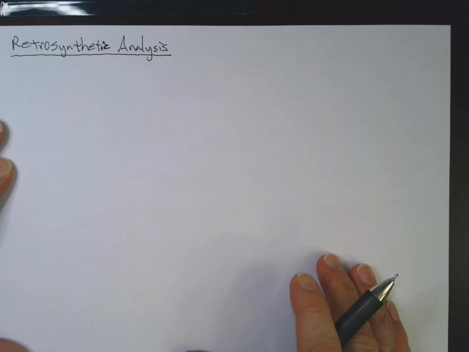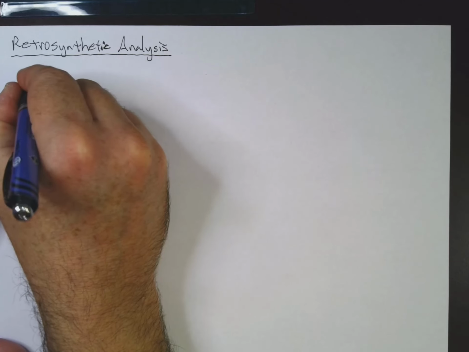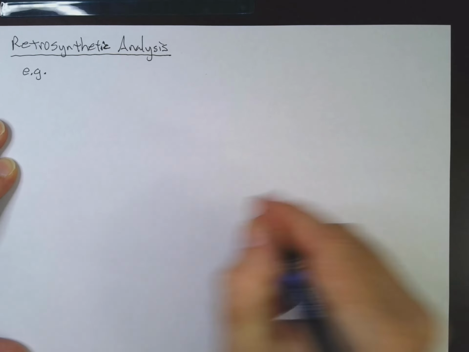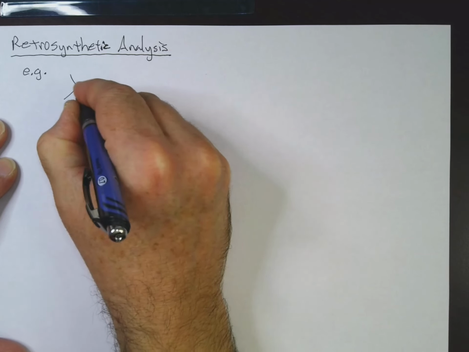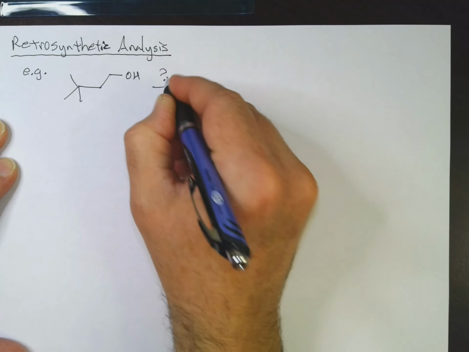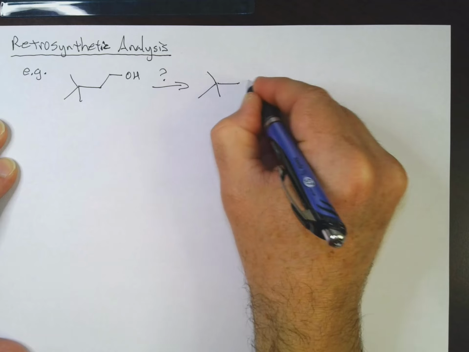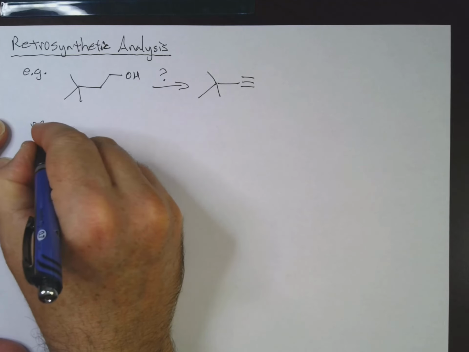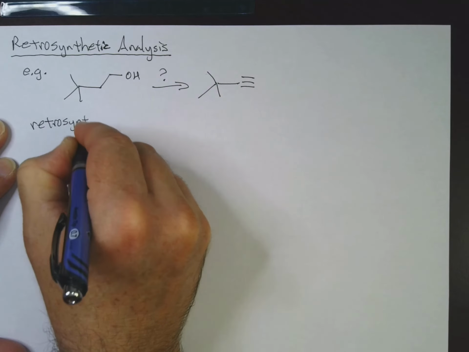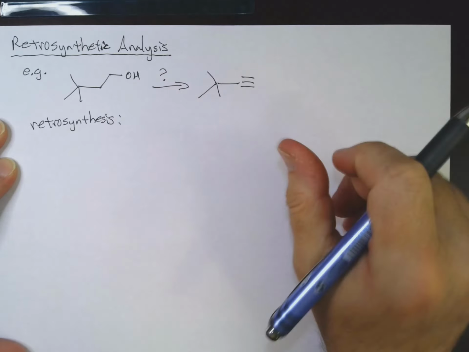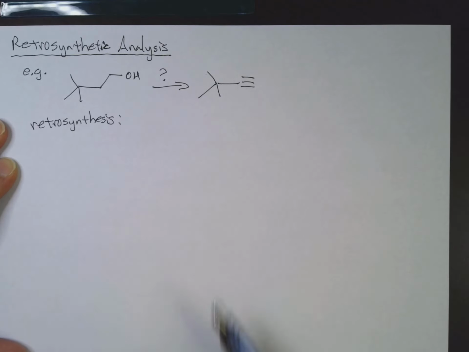All right, so the best way to talk about retrosynthetic analysis is just to do it and show you guys what I'm talking about. So let's say we had the following synthesis. So our retrosynthesis would start with working backwards and thinking, how can we make an alkyne?